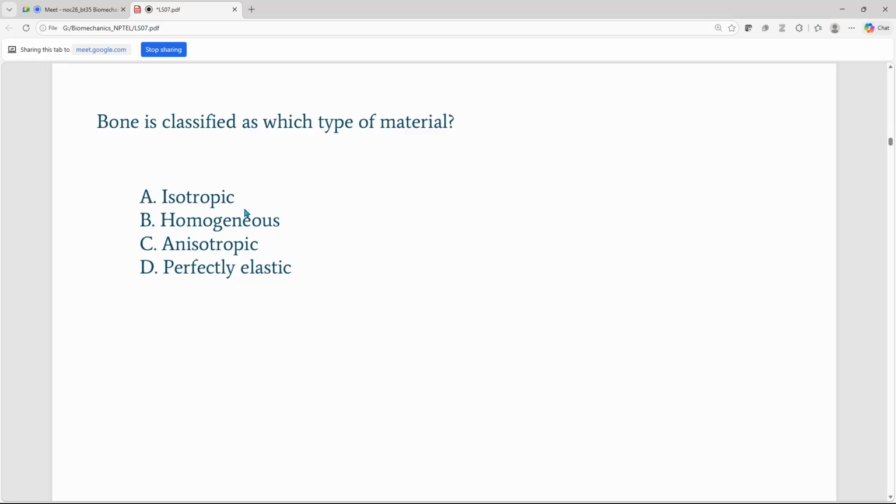Options are option A, isotropic, option B, homogeneous, option C, anisotropic, option D, perfectly elastic.